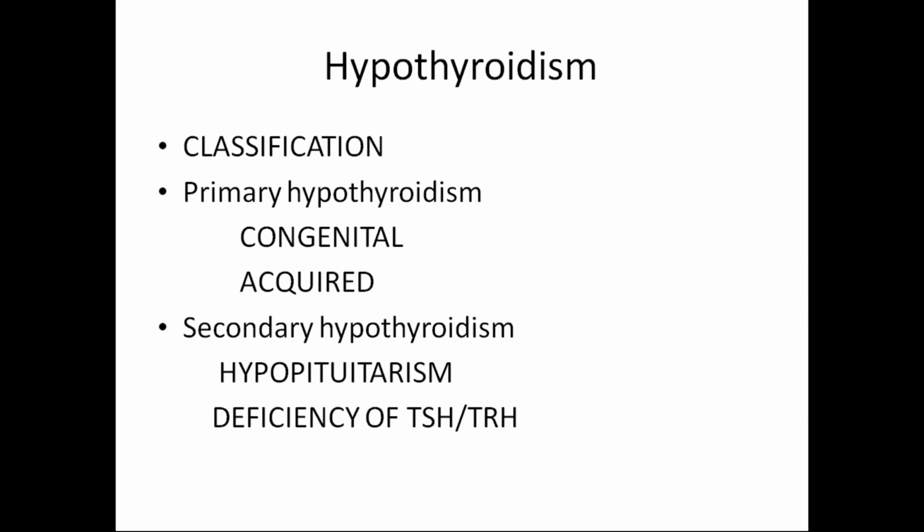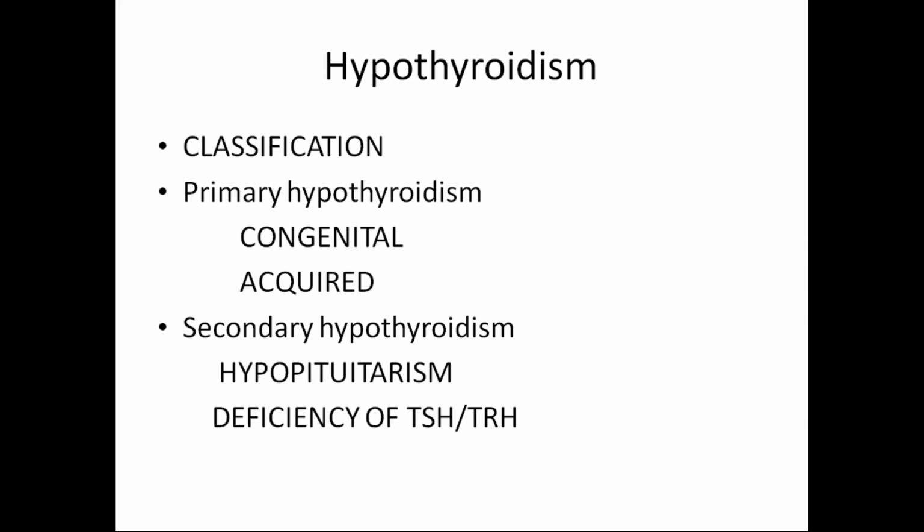Coming to primary hypothyroidism, it can be classified into two forms: congenital and acquired. As the name suggests, congenital is from birth, and acquired is when the child contracts it in between. Coming to secondary hypothyroidism, it is hypopituitarism. As we discussed, the pituitary is hit, and the disorder is from the center, with deficiency of TSH, which is a product of the pituitary gland.